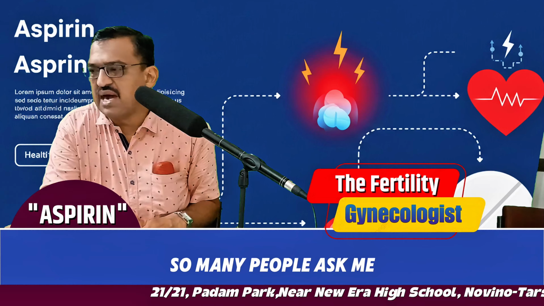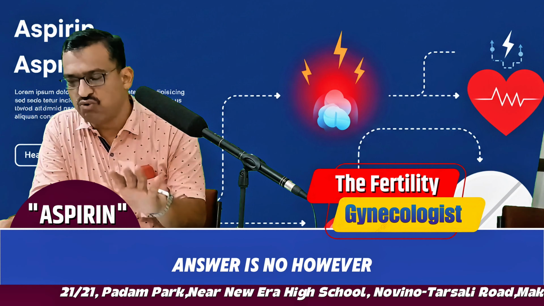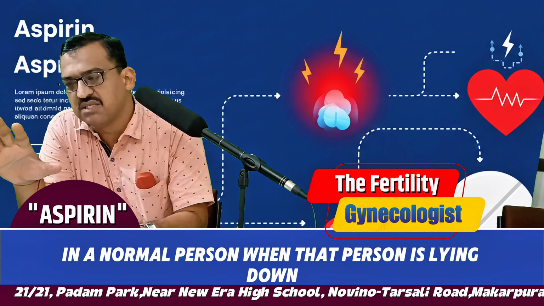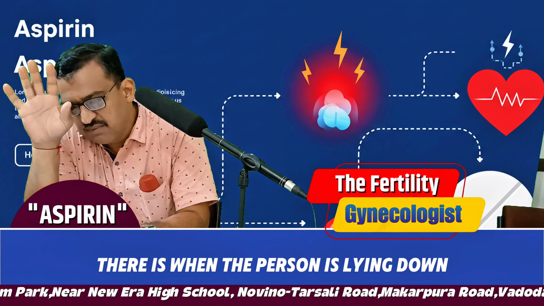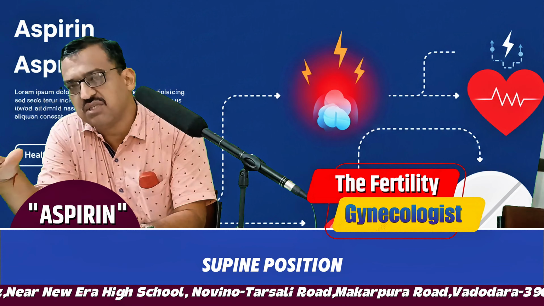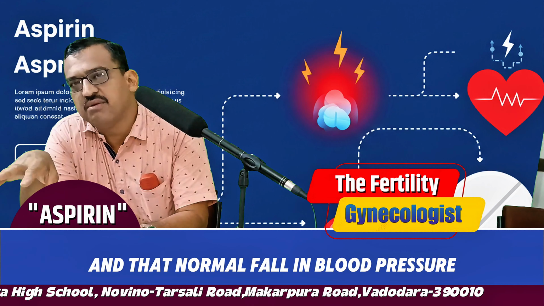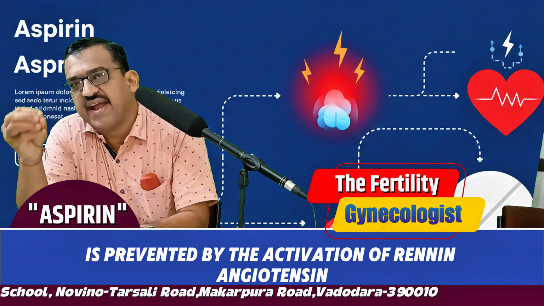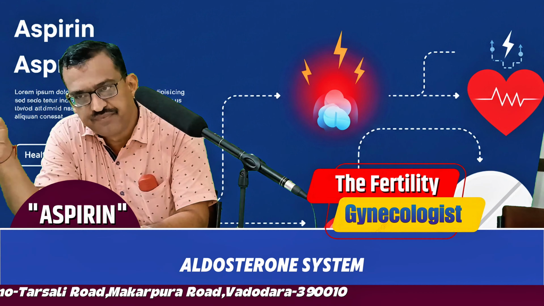So many people ask me, does aspirin decrease the blood pressure in pregnancy? The answer is no. However, in a normal person lying down in the supine position, there is a normal fall in blood pressure, and that fall is prevented by the activation of the renin, angiotensin, aldosterone system.